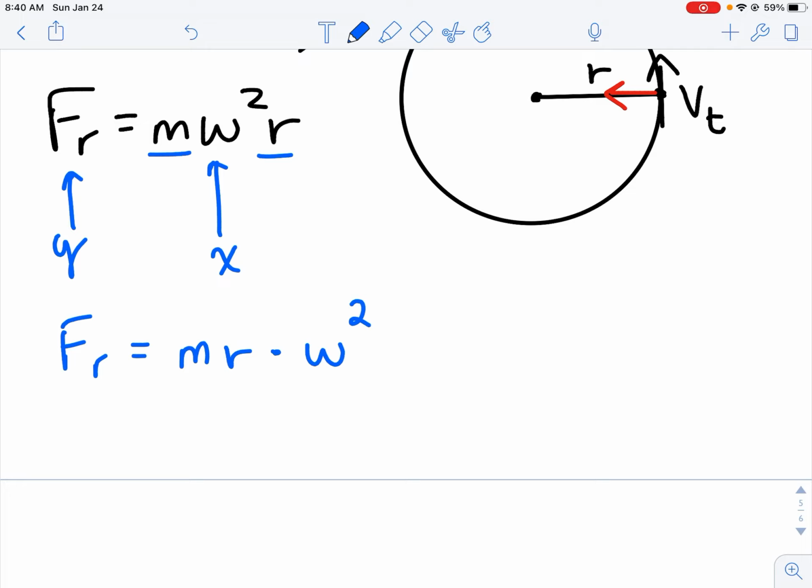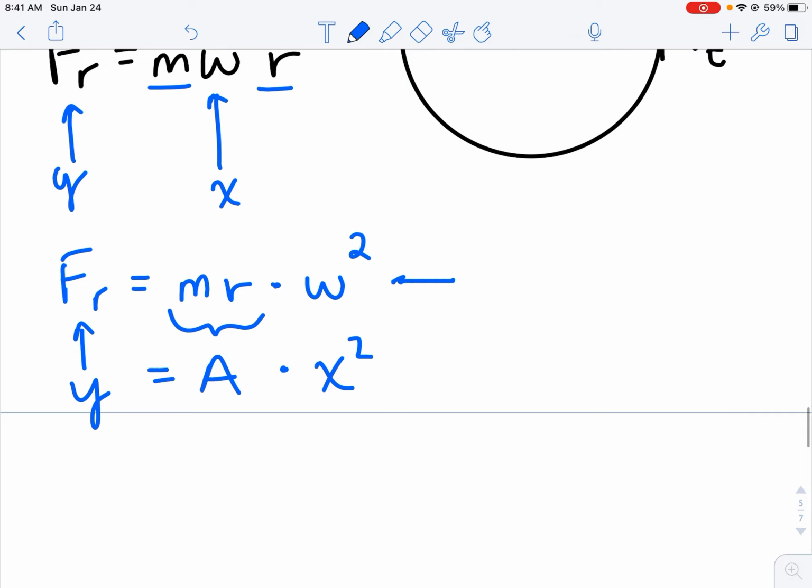And what I've just done is I've put the equation in the form y equals a times x squared. Now, I haven't changed anything from the original equation. Not at all, right? All I've done is rearrange its location so I can see that mr is going to be the slope of my graph, and what I should get is a graph that's a squared relationship.